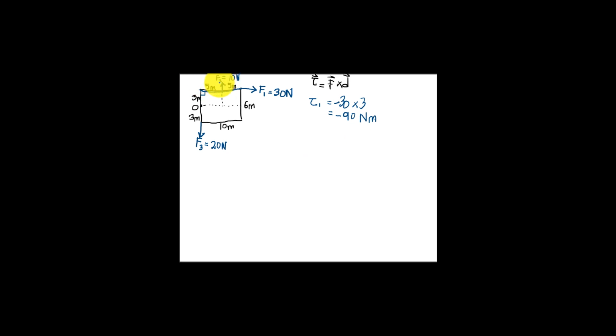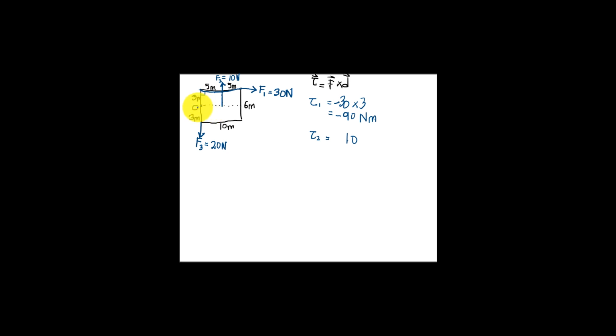We move to the second torque, from F2. Here is F2, 10 Newton at this point. Where is the distance from the axis of rotation? Like I said, we can extend the line of force until it reaches the axis of rotation.